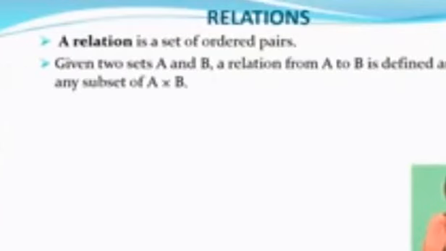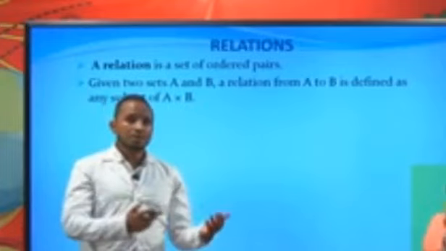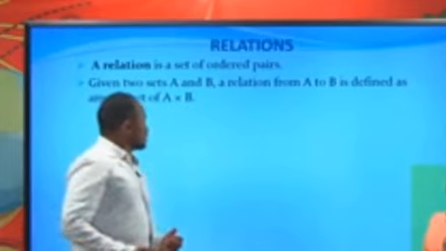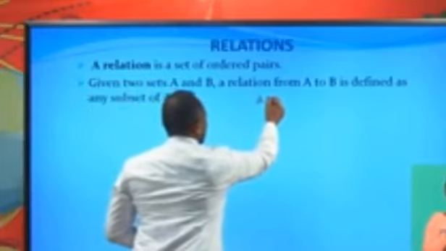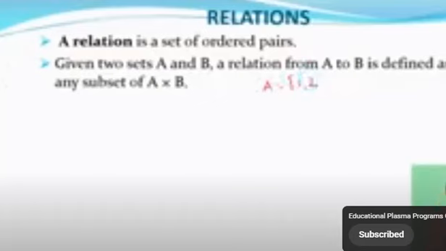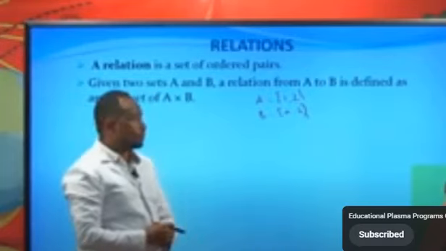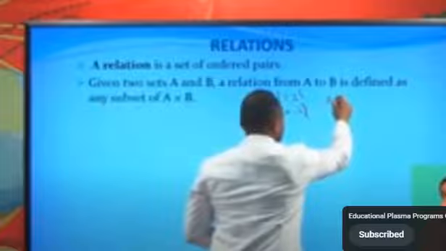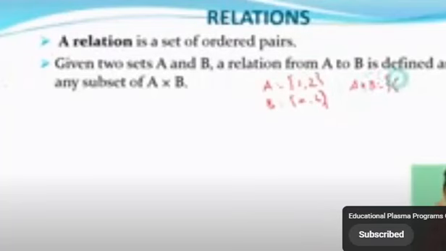Given two sets A and B, a relation from A to B is defined as any subset of A cross B. For example, if A is the set {1, 2} and B is the set {a, b}, any subset of A cross B can be a relation from A to B. A cross B is (1, a), (1, b), (2, a), (2, b).